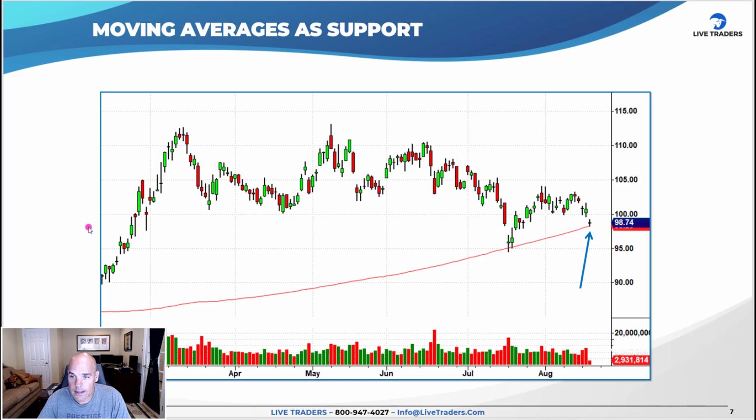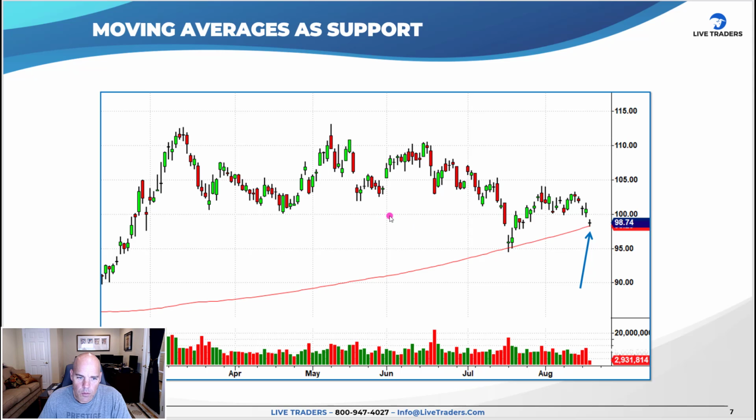And the stock is gapping right to it, right? We can all agree that there is room for this stock to drop, right? I mean, if you're gapping under this $100 mark, there's room down to 95. But it's gapping right to a rising 200 period moving average. So the long-term trend of this stock is higher.